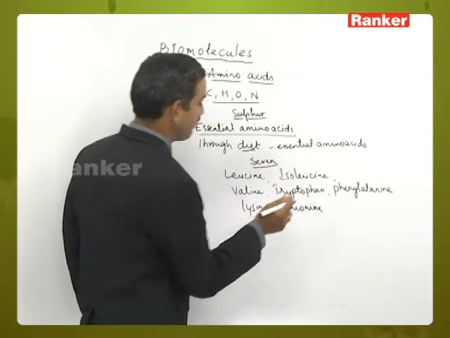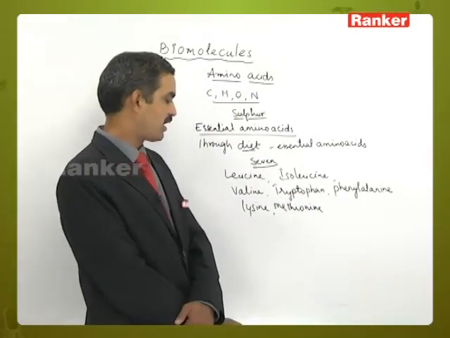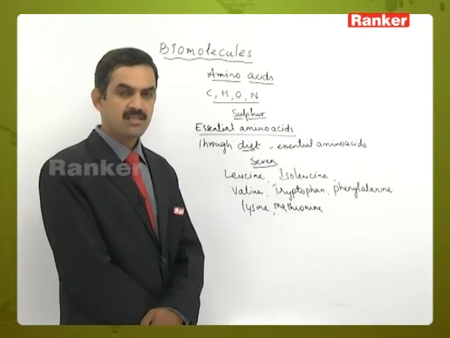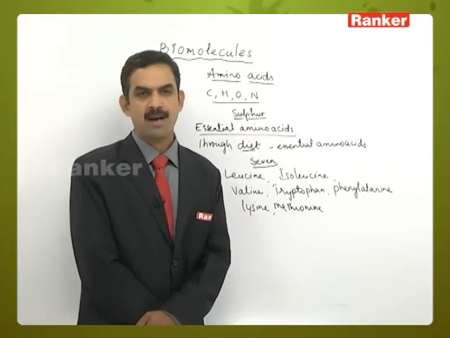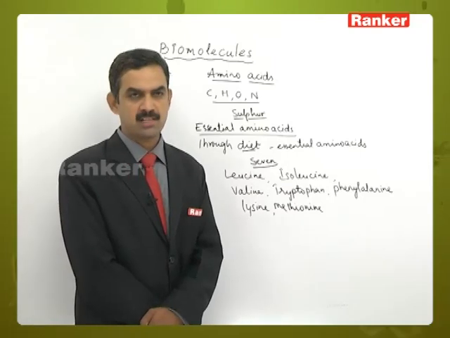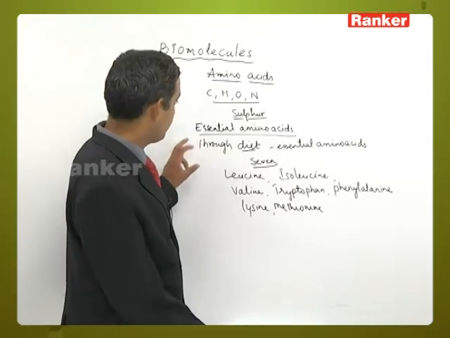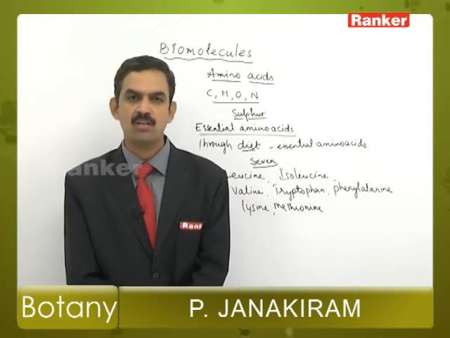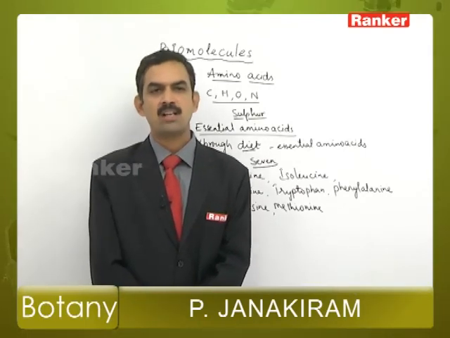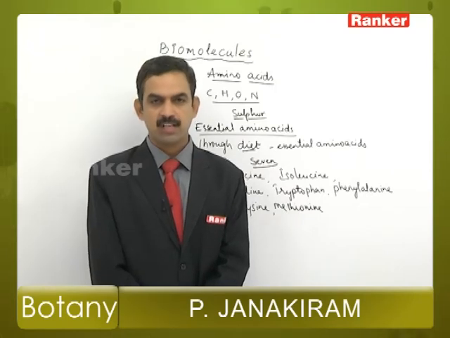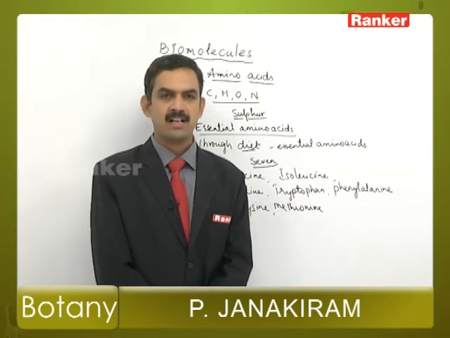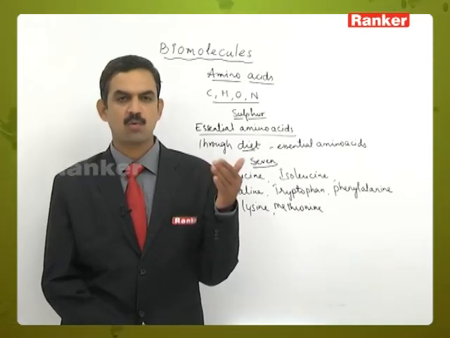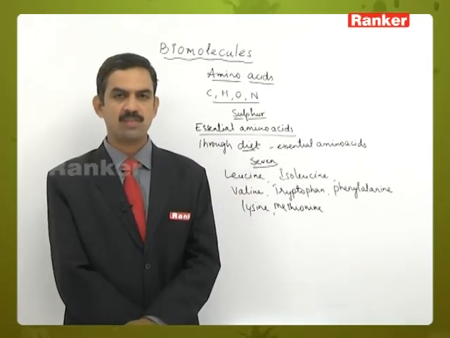So these are the 7 essential amino acids which are required by the animals and derived by diet. Apart from these 7, the remaining are called non-essential amino acids, and some are called semi-essential also, which are required for various stages, like some are required in childhood and some in the adult stages of human beings.